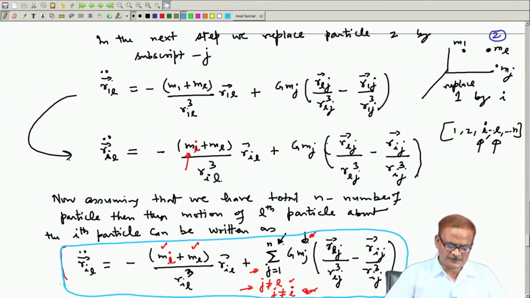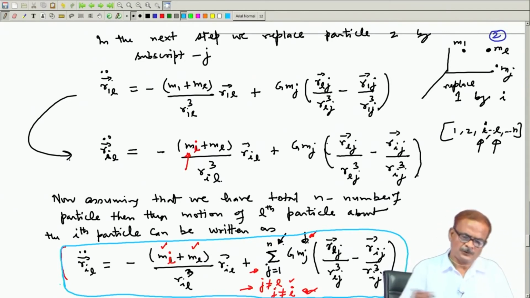That means, it may be your satellite, it can be the moon with respect to earth, or in general if you go about any planet, say about Saturn, or you have Jupiter. So, Jupiter has its own satellites. So, in that case accordingly this equation remains valid throughout, provided we choose the frame properly.